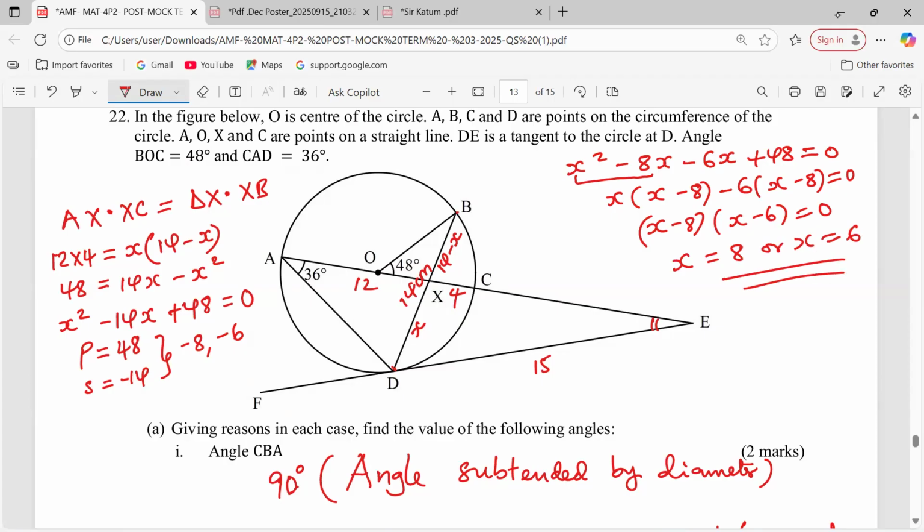Okay, we have two positive answers. But now we are supposed to use some logic in this case. We know very well the diagram has not been drawn to scale.